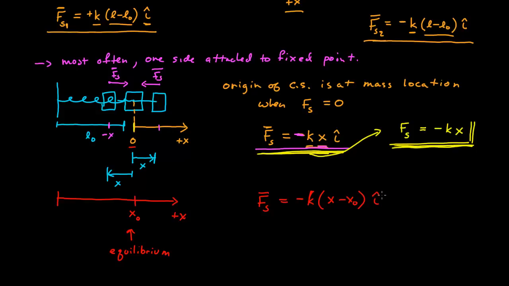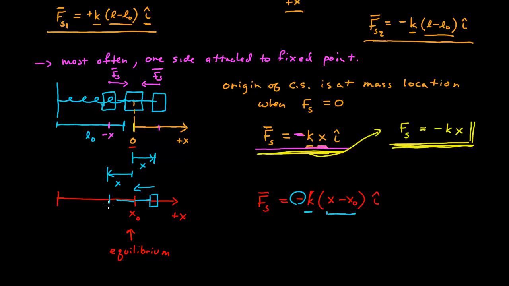So again, if the system is displaced further to the positive x, then x minus x naught is a positive number, and it describes the amount that the spring is stretched from equilibrium, multiplied by the spring constant, and it's in the negative x direction because the force is directed in the direction where the mass would move if the spring were to return to equilibrium.